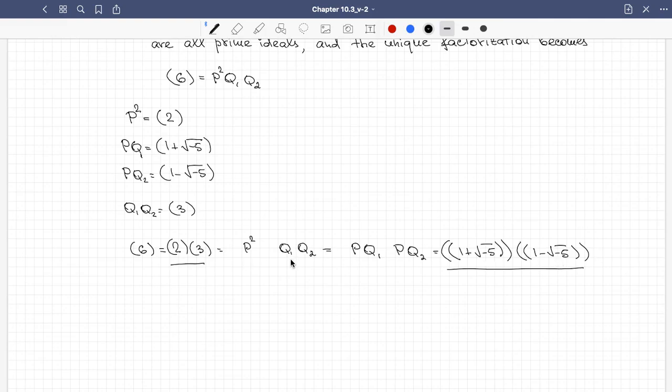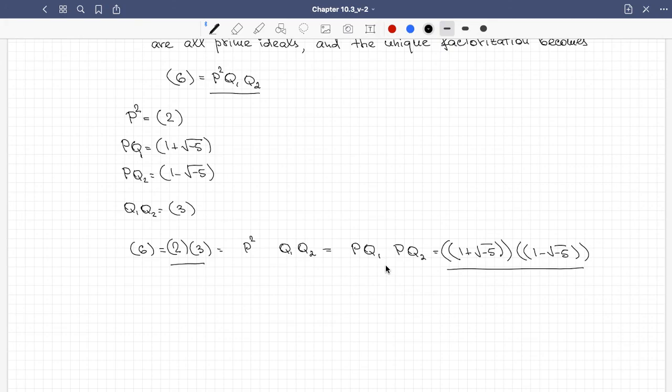These are permutations of decompositions into four factors, P, P, Q1, Q2, corresponding to these decompositions into principal ideals. P, Q1, Q2 are already prime ideals, and this decomposition is unique up to permutations, which we see.